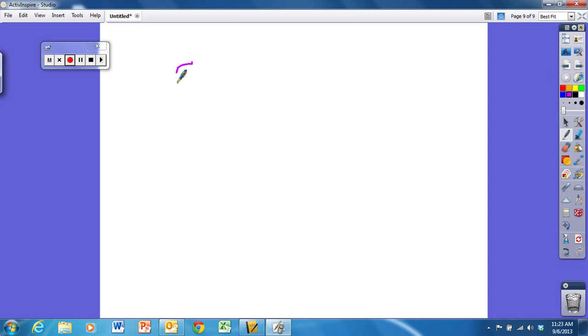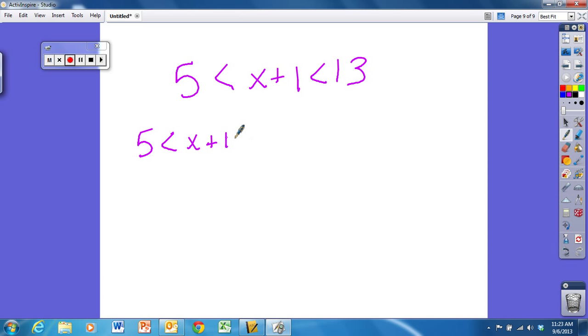One more example. Sometimes an and inequality looks like this. This actually says 5 is less than x plus 1 and x plus 1 is less than 13. You can solve these separately like this, or you can do it all in one shot. We're going to do it separately for now.